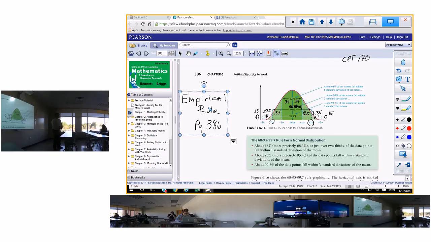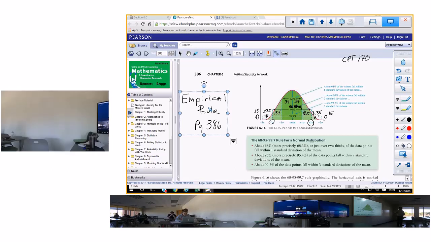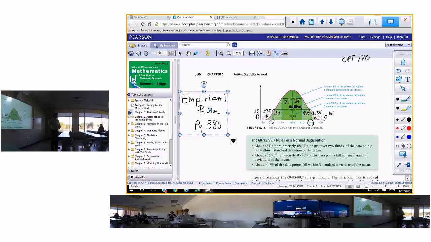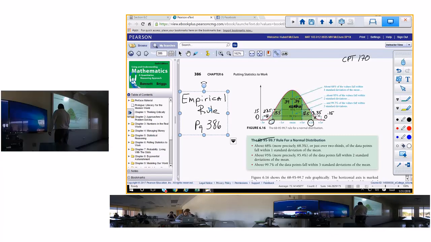Now, how much of this distribution curve are you going to be using on the test? A lot. Okay? And then the next section that we go over is called Z-scores. So make sure you memorize that empirical rule, okay? And please mark this out and mark that out and call it the empirical rule.